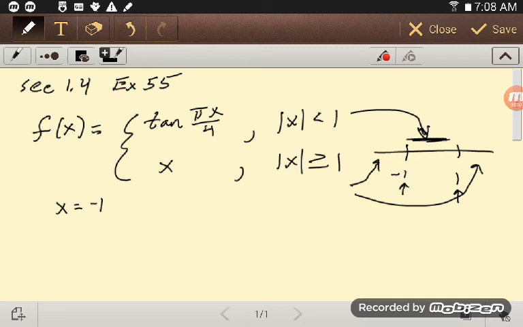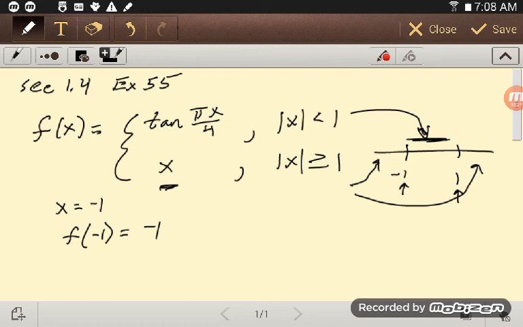At x equals -1, f of -1 is equal to -1 because of x right there, not the absolute value of x. If the absolute value of x is greater than or equal to 1, which is true for -1, I get x, so I get -1.